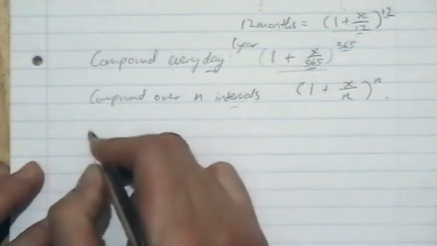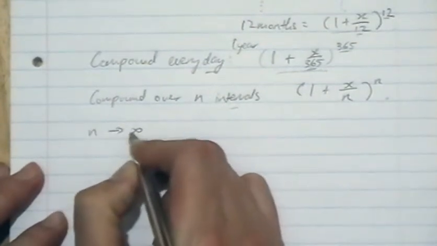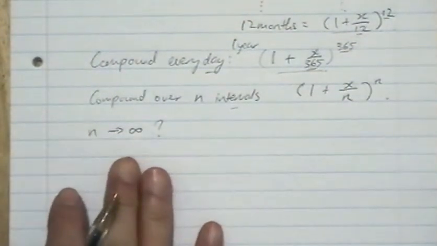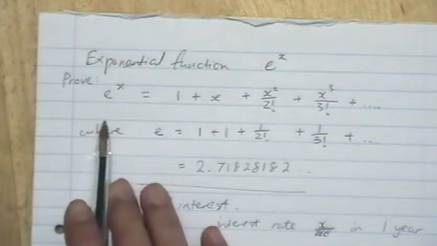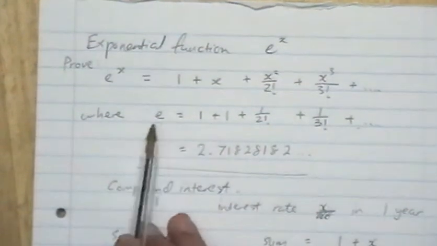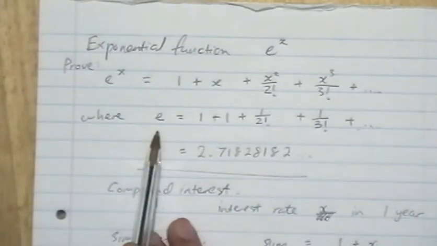So what happens if n actually goes to infinity? So let's try and answer this question, and the answer will lead us eventually to prove this series and to the number e itself.